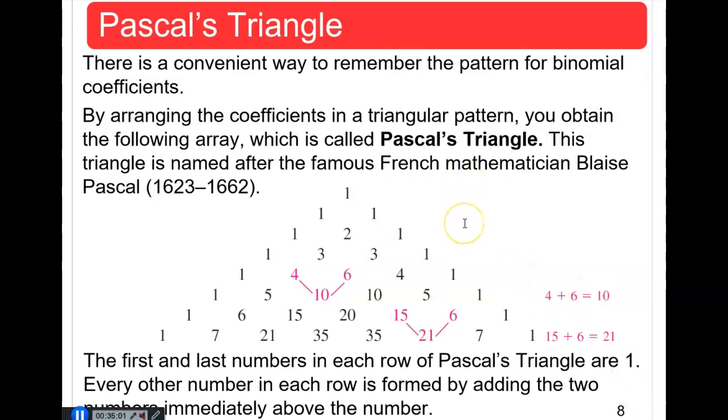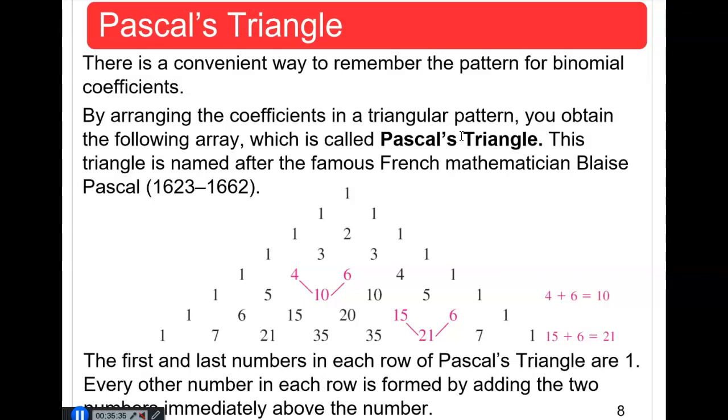I believe in your textbook, you can see a copy of the Chinese version of Pascal's triangle, which is actually dated to centuries before the years 1623 to 1662. He also discovered other things, I believe in physics, Pascal's law, or chemistry, I'm not sure, but it has something to do with gases.